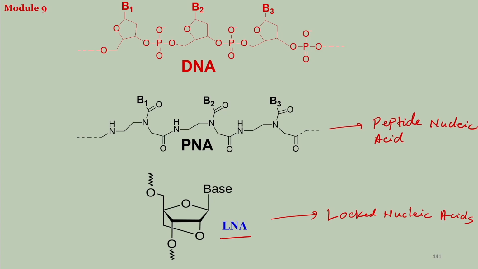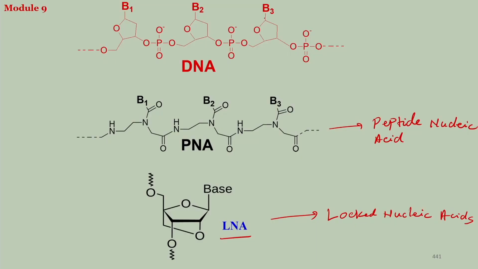Both of these are artificially synthesized oligonucleotides. They are not natural, they are not obtained in our body, none of them. We have synthesized them and we use them as molecular probes. The reason is that both PNA and LNA show activities that are sometimes better than DNA.